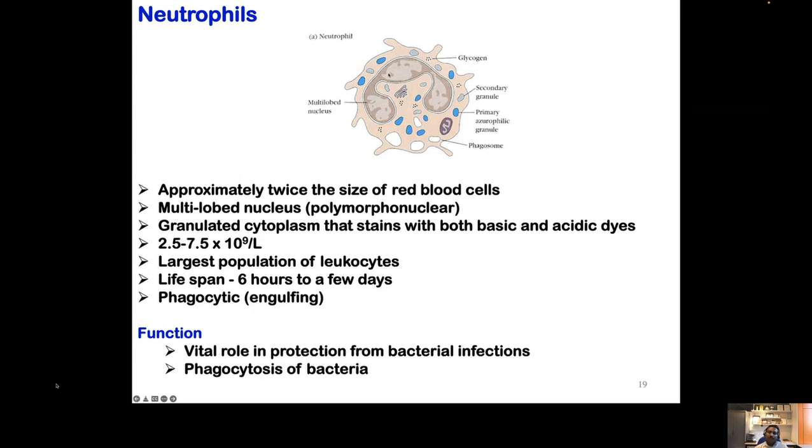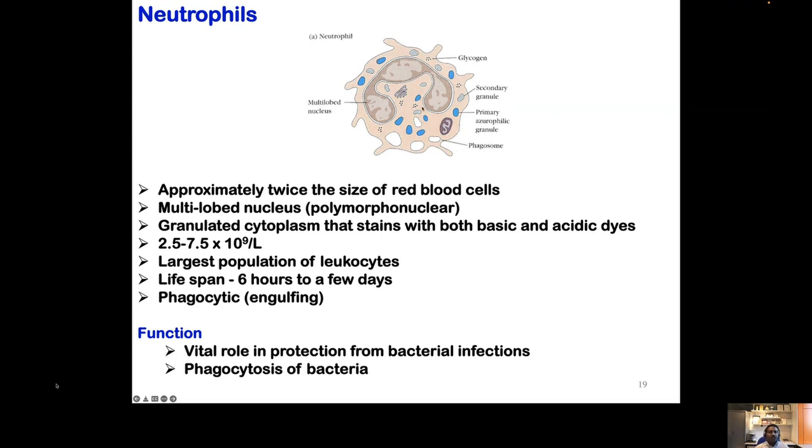If you look at their nucleus, they will have multi-lobes. It's like small lumps. So they are called multi-lobed nucleus or polymorphonuclear cells. And they do have a granulated cytoplasm that stains with both basic and acidic dyes. You can see here in the cytoplasm, they have lots of granules.